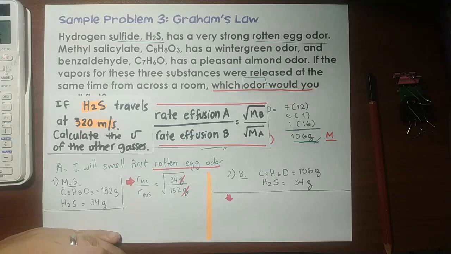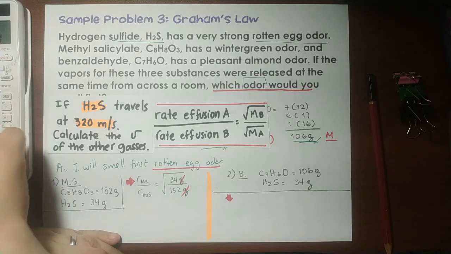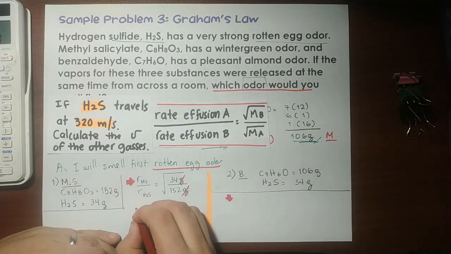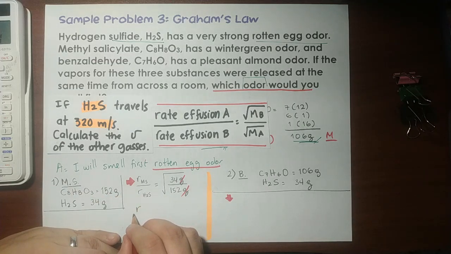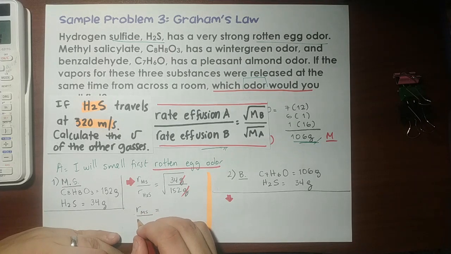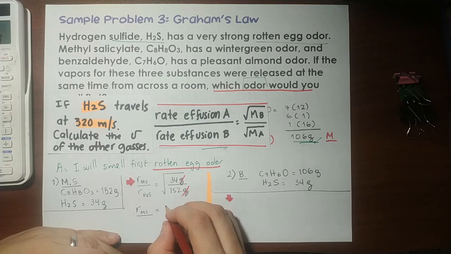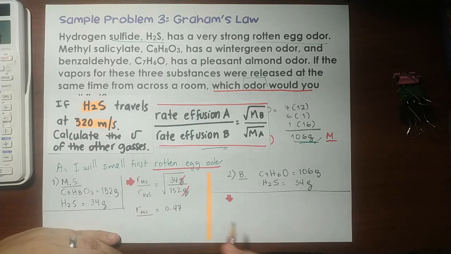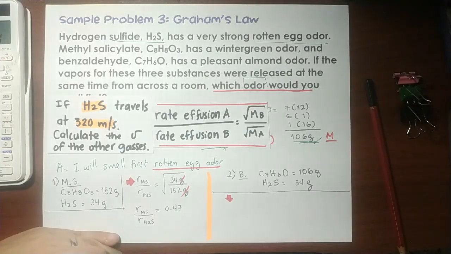Okay, so perform this calculation, do the math, get the square root of your answer, don't forget, and you know that the rate relationship is equal to 0.47, and I want to know methyl salicylate.